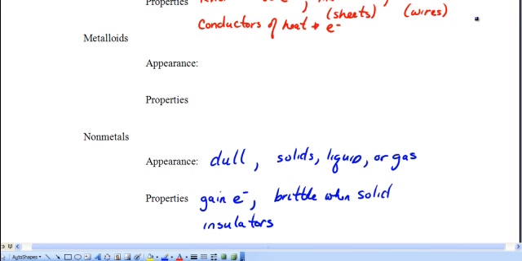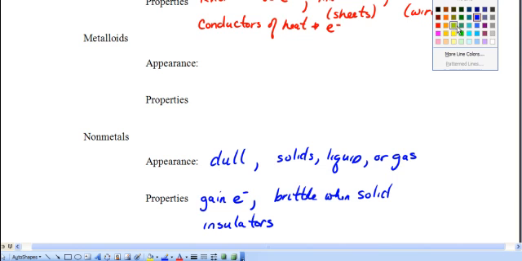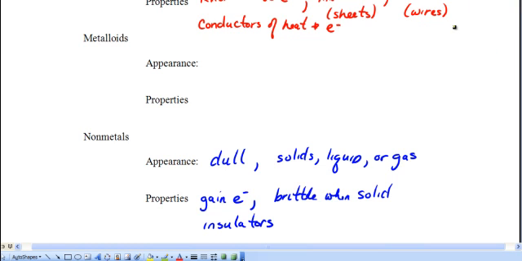Now, once again, in the middle somewhere, because this is a variable or a continuum type of thing, you have some elements that exhibit properties of both metals and nonmetals. I'll put this in green. So metalloids, it's hard to say what their appearance is because it really depends on what they are, but let's take a look at, say, silicon.